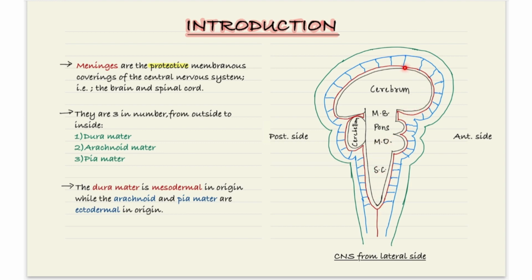The red adherent part is the pia mater, the blue part is the arachnoid mater and the green part is the dura mater. Let's label it. The red part is the pia mater, the blue part is the arachnoid mater and the green part is the dura mater.